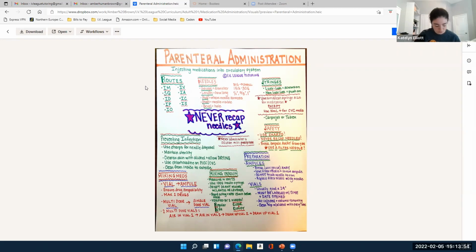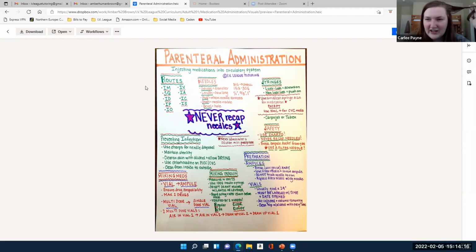Peritoneal. Where's the peritoneal space? The peritoneal cavity. Where's that? The lungs? Abdomen. It's the abdomen. You're thinking pleural, which sounds just the same. IO, what's an IO? Intraosseous, which is inside the bone.